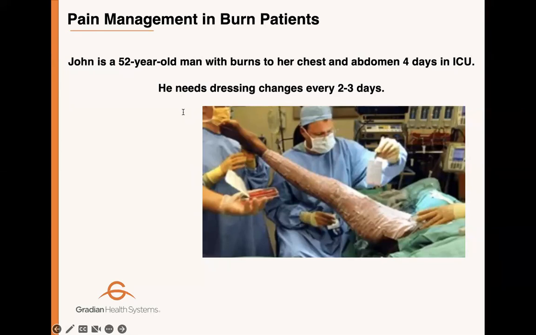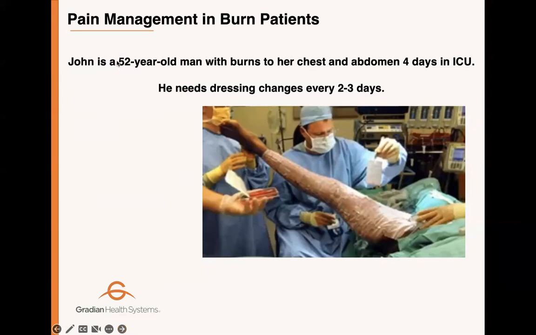Okay, so maybe we can continue. From the previous presentation, the first presentation that Dr. Anna did, she pointed out several things that can cause pain in the ICU. So for this patient that has burn injury, the primary disease can be the source of pain, the burn itself.